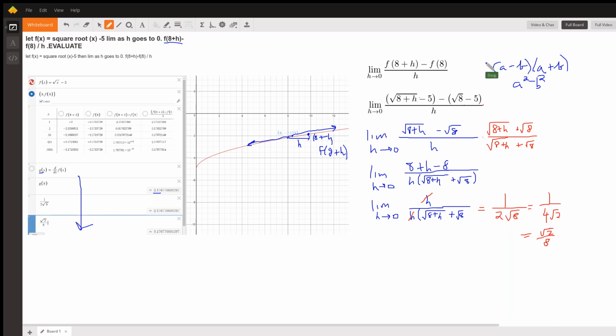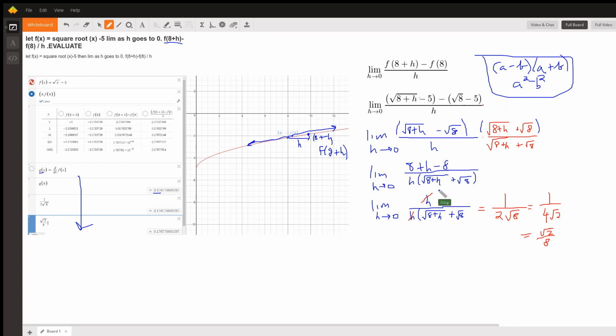I have a feeling you're not going to be able to see this because Desmos covers that up, or Wyzant covers that up. But you heard what I said. So when I multiply these two expressions together, I'm going to get a difference of squares, which just means I'll square the first term, giving me 8 plus h, minus square the second term, giving me 8. The 8's cancel out.